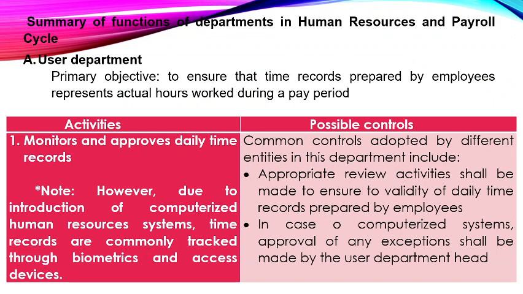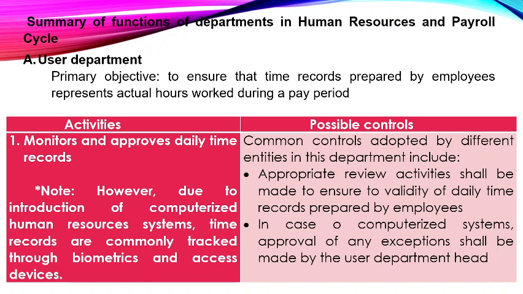Then we go now to the summary of functions of the departments in the human resource and payroll cycle. So we have A, the users department. The objective is to ensure that time records prepared by employees represent actual hours worked during the pay period. The activity is to monitor and approve the daily time record.